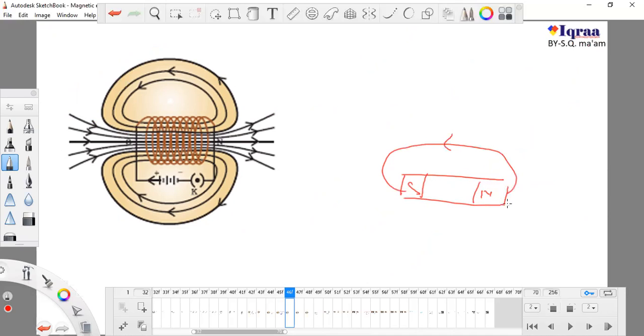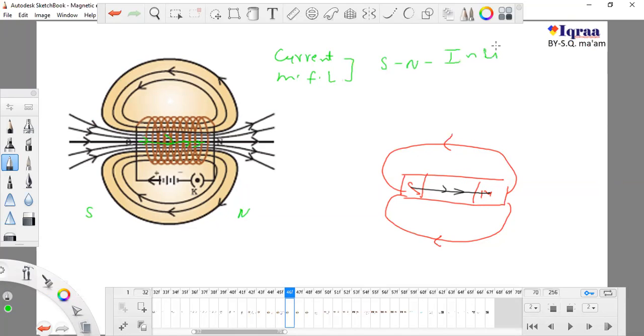It will work as a magnet because it is converted to an electromagnet. So we can consider that this is our south pole, this is north pole. Current and magnetic field lines will flow from south to north inside this solenoid, and north to south outside.